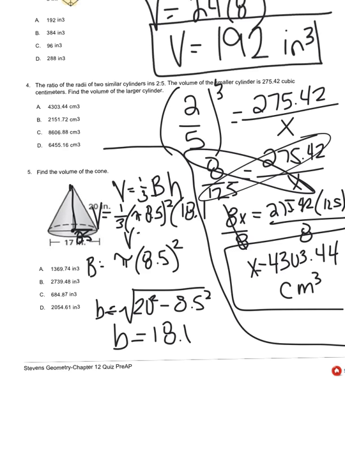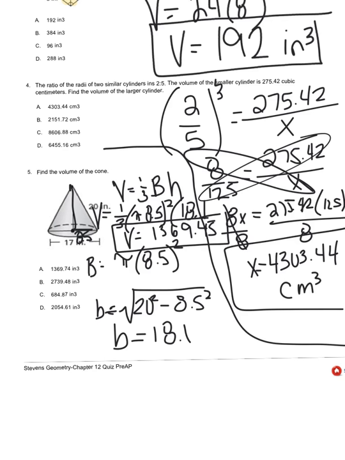When I typed that in, I got 1,369.45. Again, I'm only off by a couple hundredths. I'm going to select A as my answer choice.